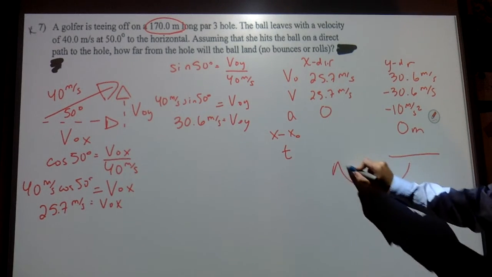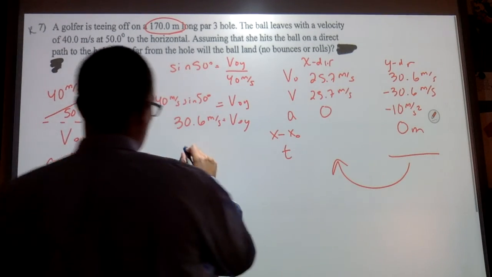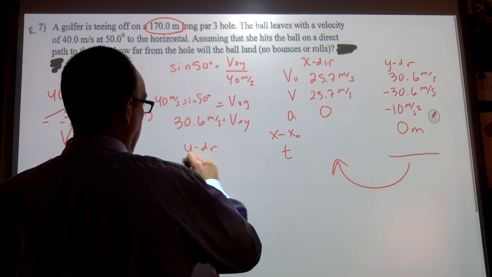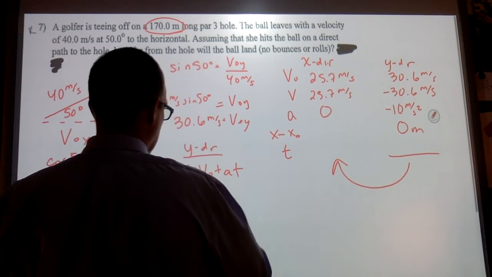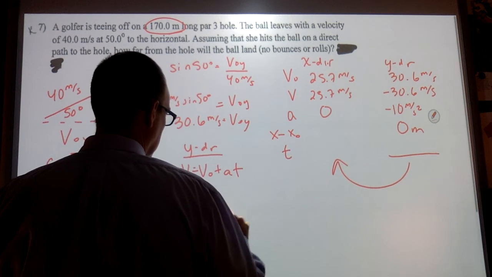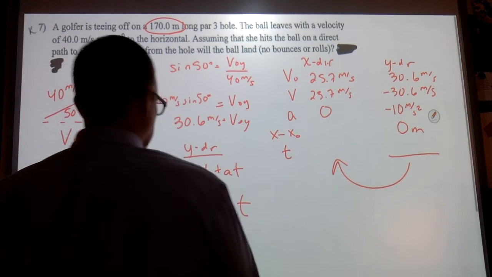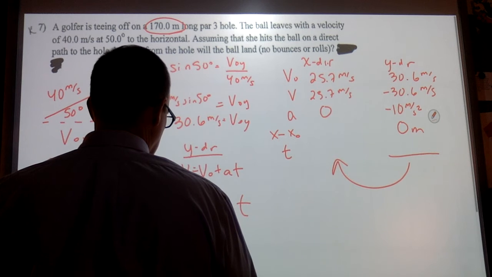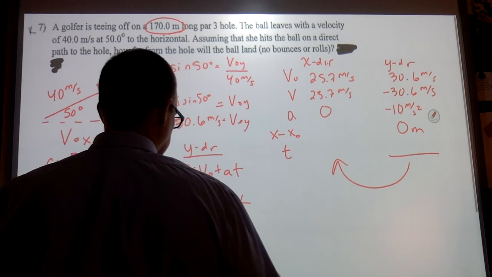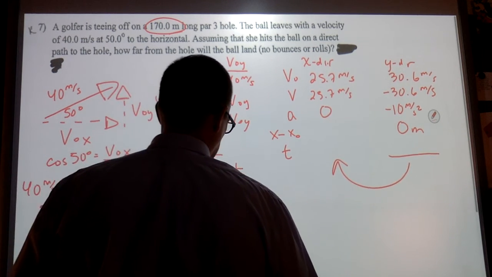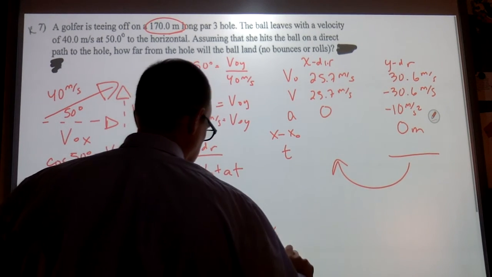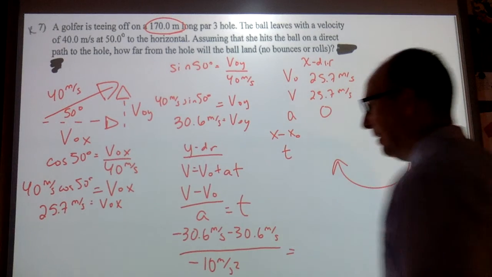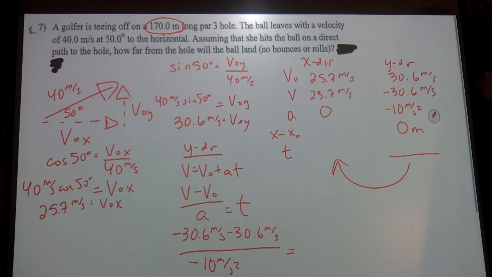So again, I can solve for the time and plug it in. So I'll consider the y direction. So I have negative 30.6 minus positive 30.6 divided by negative 10.